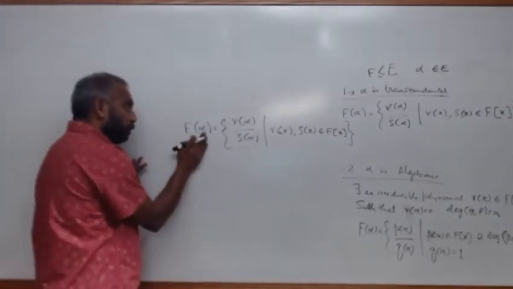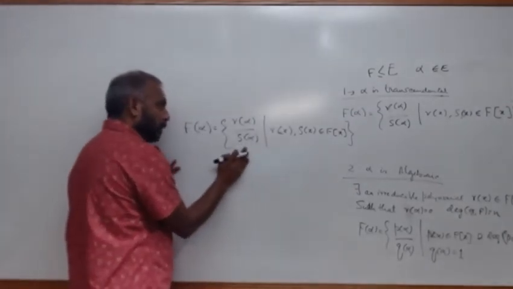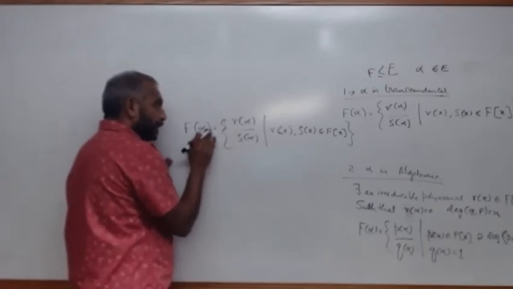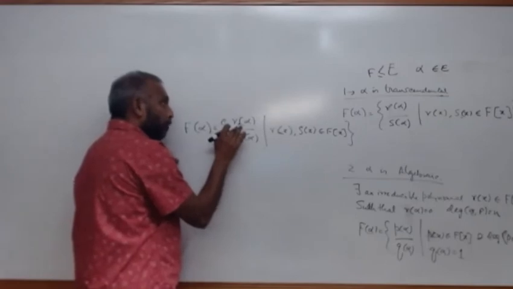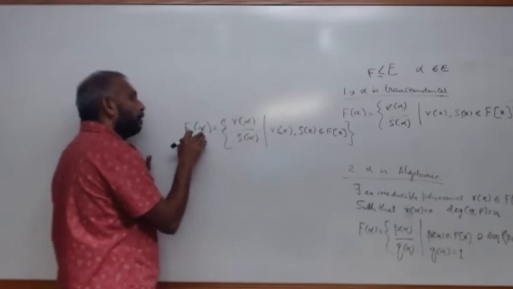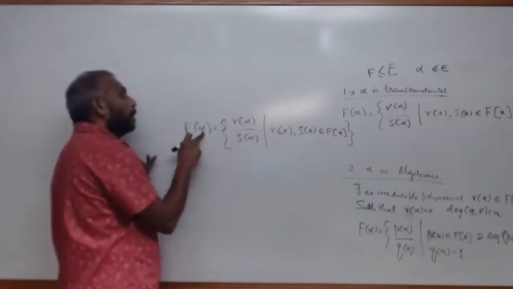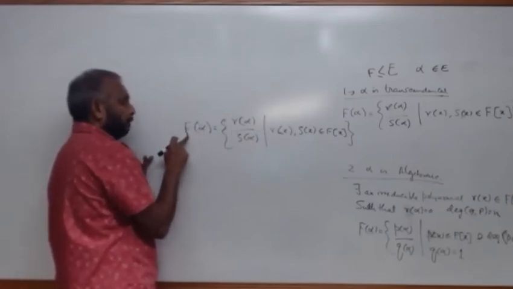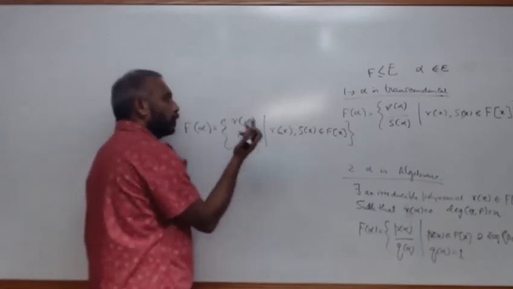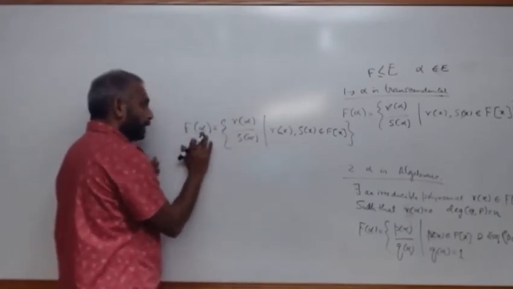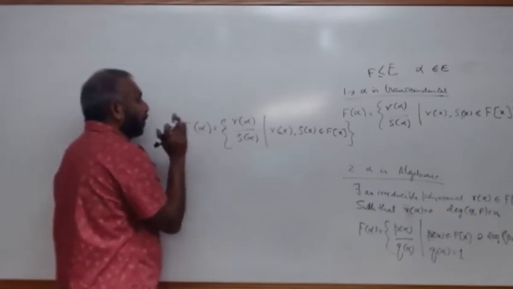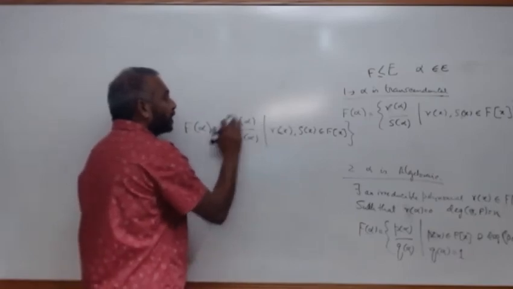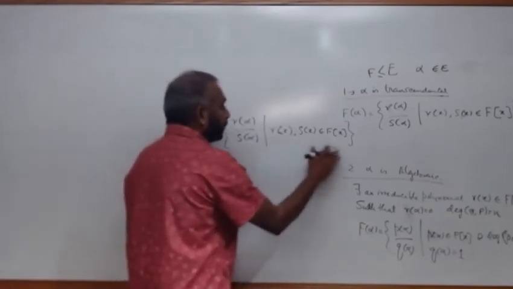When it is algebraic, s is always 1, and there is a restriction: the degree of this polynomial will be less than the degree of the irreducible polynomial of alpha over F. When it is transcendental, there are no restrictions on this, but still we can write it like this.